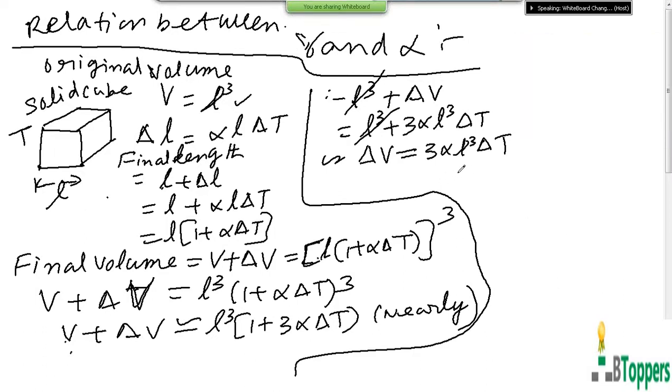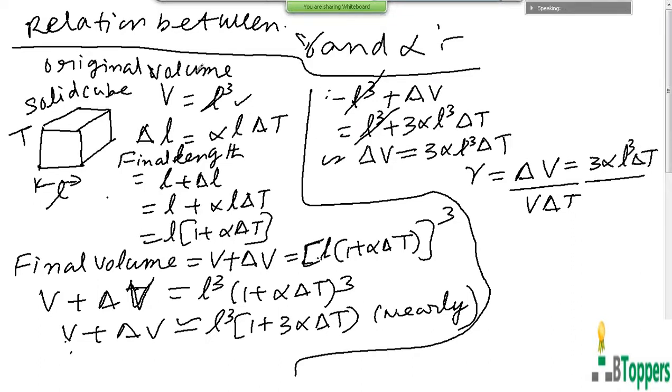So the average value of the volume coefficient of expansion of a solid is delta V by V into delta T. So delta V you can write as 3 alpha L cube into delta T. V is the original volume, which you can write as L cube.